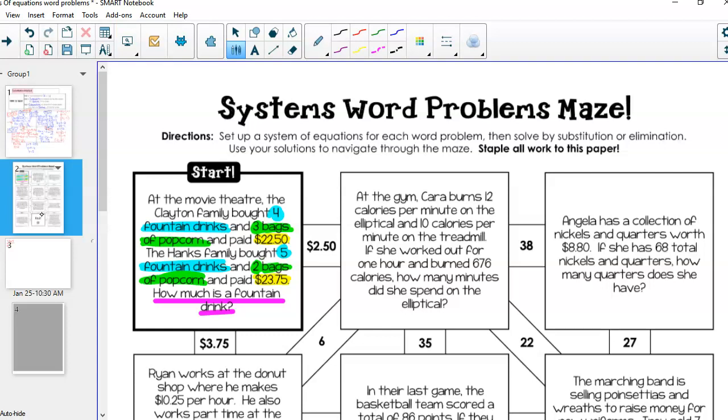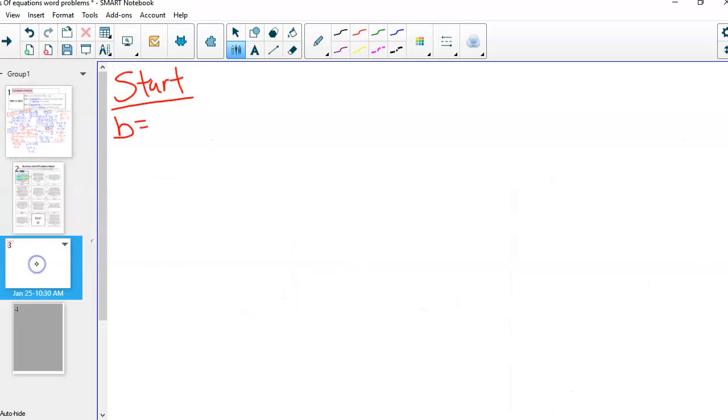What don't we know? How much is it? So this is going to be the cost of the bags of popcorn. And then what do we want our other variable to be? F, okay. And that would be for the cost of the fountain drinks.